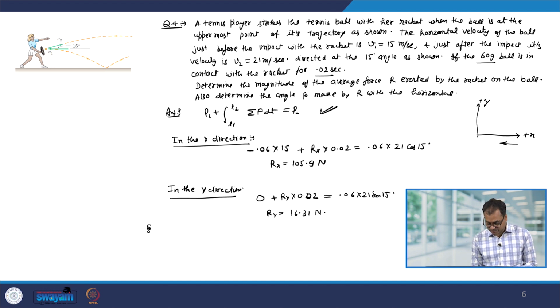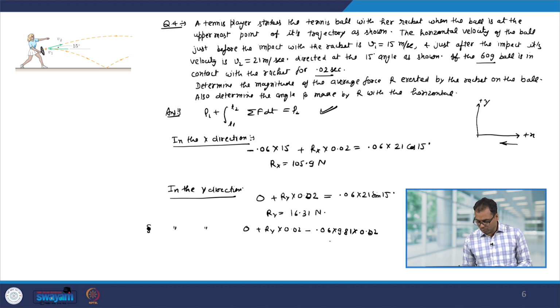Now, let us consider that gravity also acts in the y direction for that small time. In that case, in the y direction we can write the equation as 0, because there is no initial momentum, plus Ry into 0.02 minus the gravity impulse m into g into t, equal to 0.06 into 21 sin 15 degree.